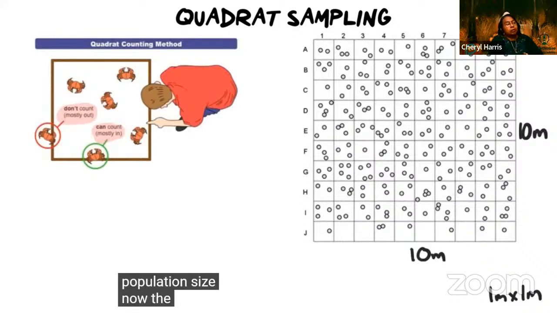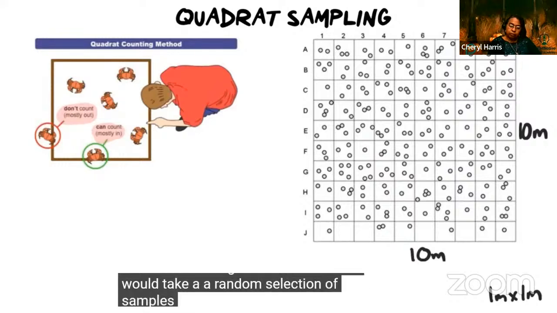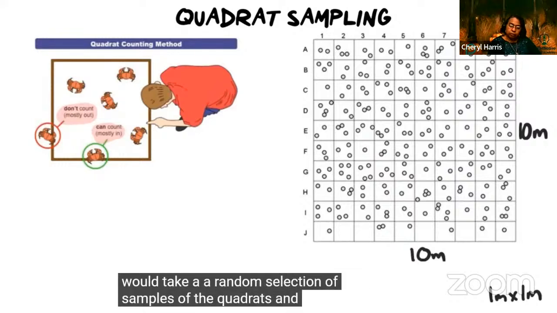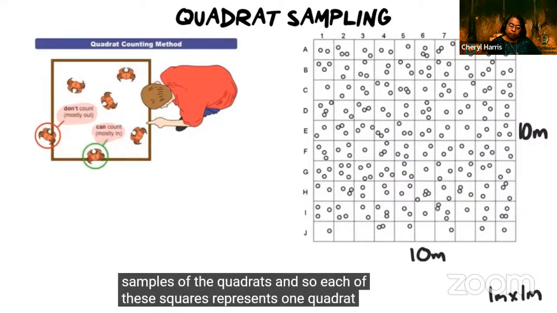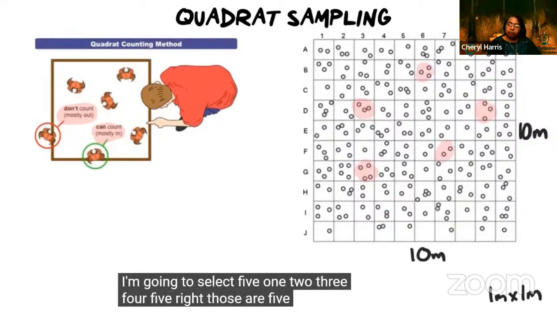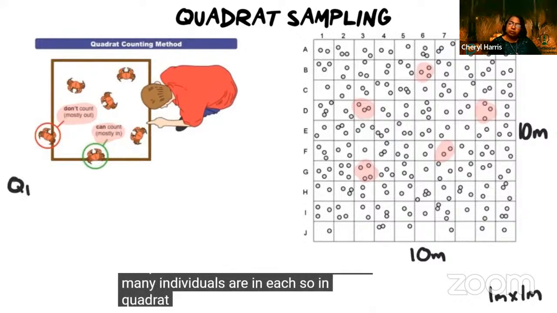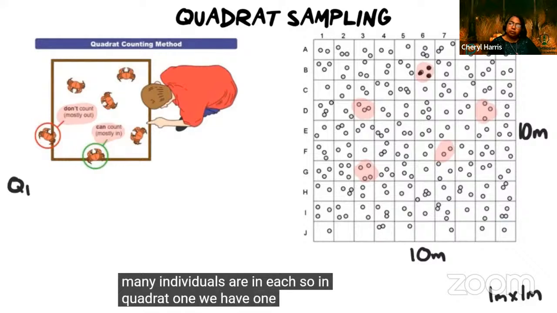Now, the next thing we need to do is take a random selection of samples of the quadrats. Each of these squares represents 1 quadrat, and I'm going to select 5: 1, 2, 3, 4, 5. Those are our 5 random samples. Now we need to count how many individuals are in each. In quadrat 1, we have 3.